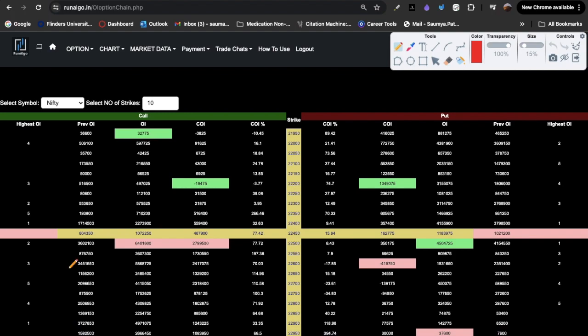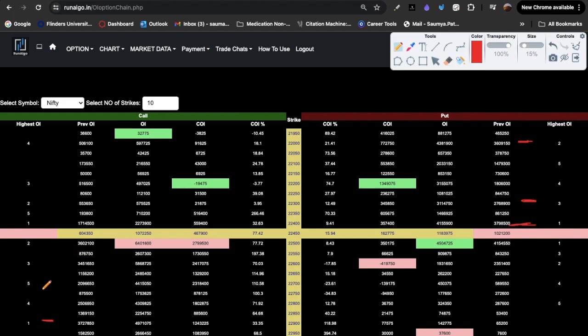You can calculate this data the previous night once NSE releases the final option chain. But how you can understand this data is wherever there is a high open interest in the out of the money call side, that shows resistance, and out of the money put sides show support.